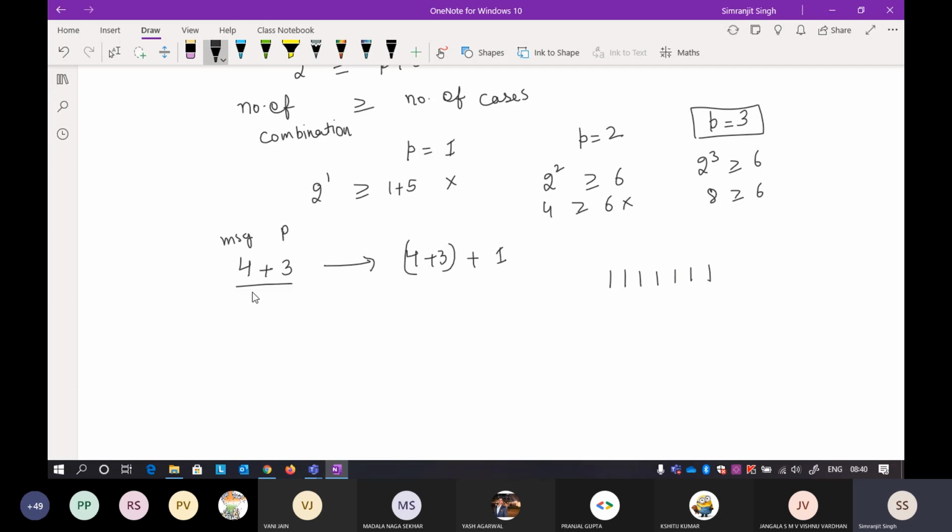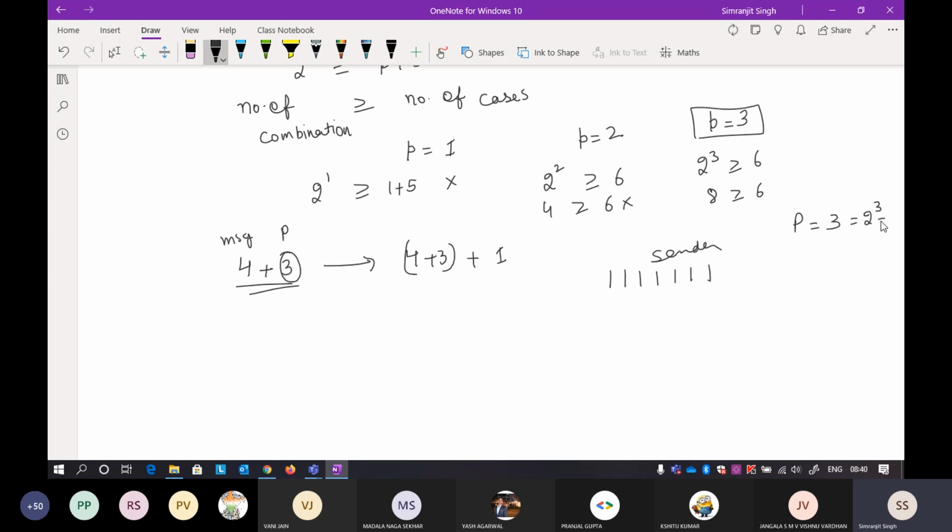This is the message you are transmitting from the sender side. You're transmitting 7 bits. Now understand why this particular p is 3 here. I'll show you. With these 3 bits, how many combinations can you get?